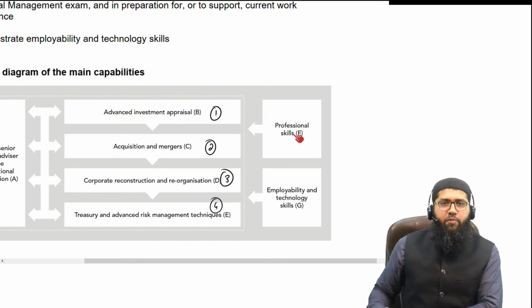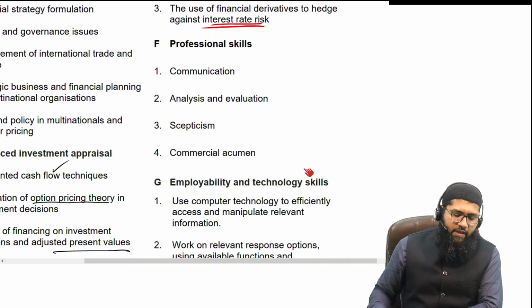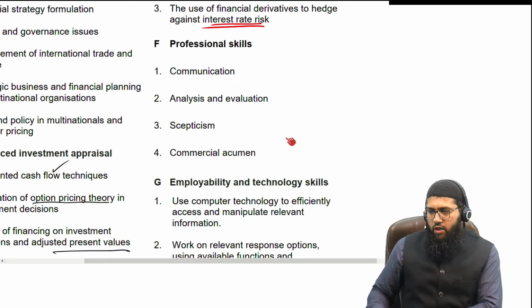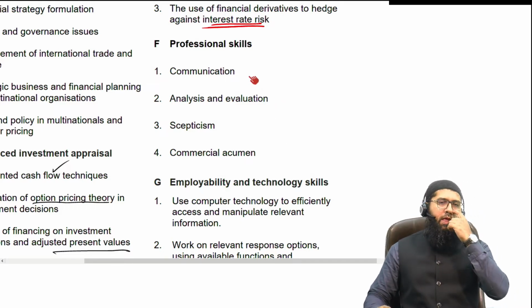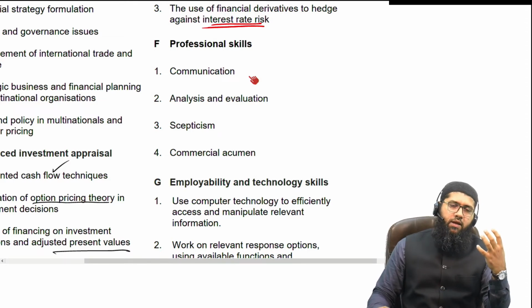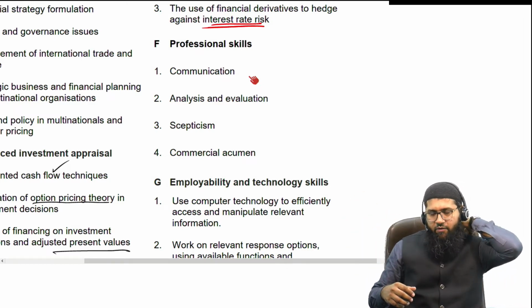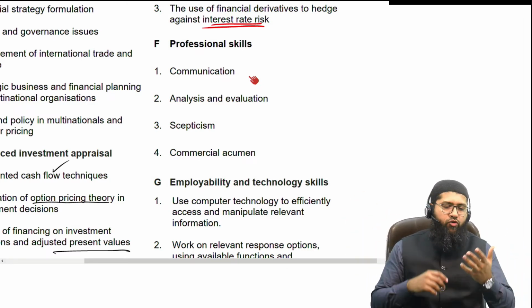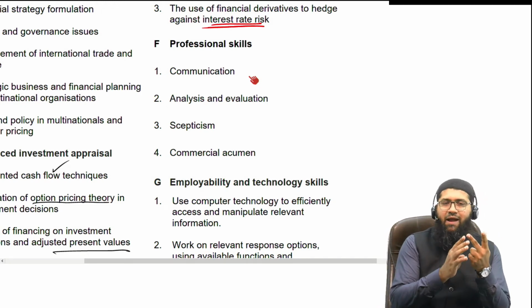Then there are the professional skills, which are important. So I'm going to go through these professional skills also, what exactly these professional skills are. The professional skills have been introduced by ACCA, and they would cover all the optional examinations except for the ATX, but it's going to be examined in ATX also very soon, but it's now examinable at the AFM, APM, and the AAA level.